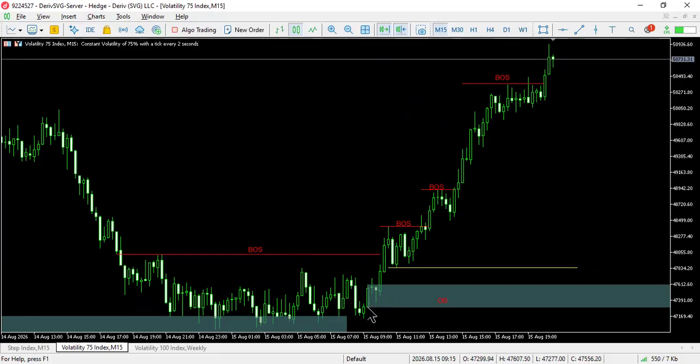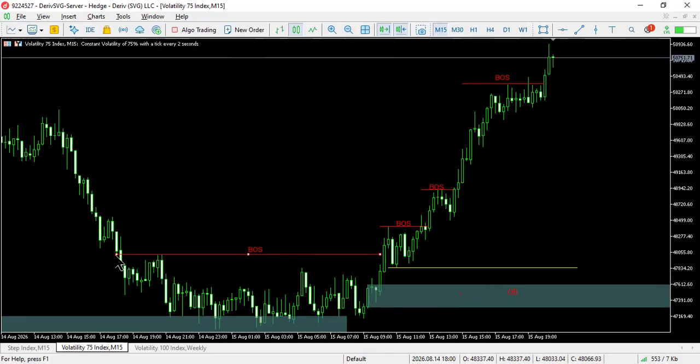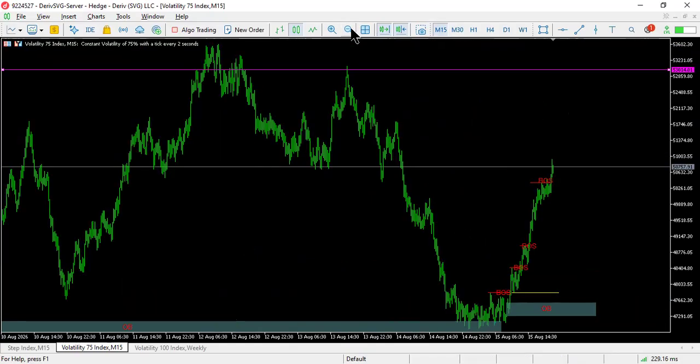M15, adjusting to the M15, our order block will now be at that level. And the break of structure will now be at that level, and liquidity is present.